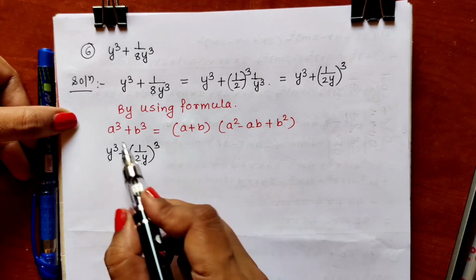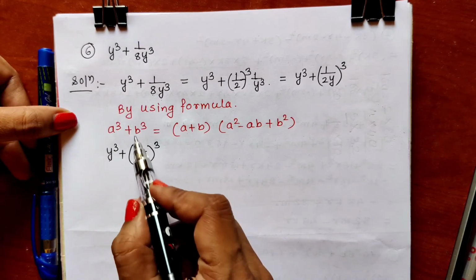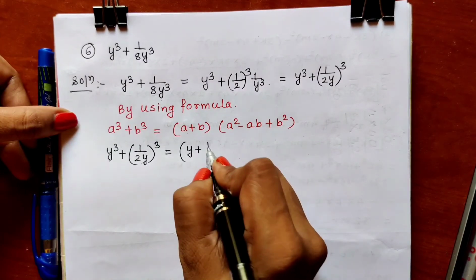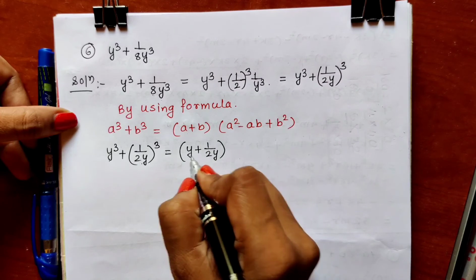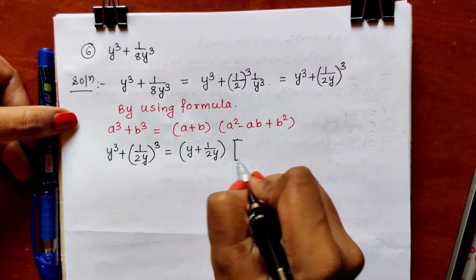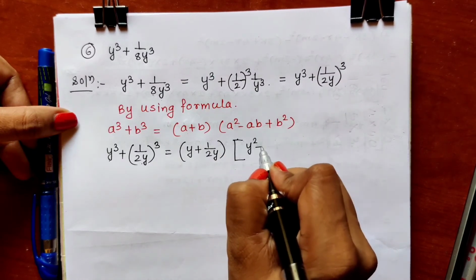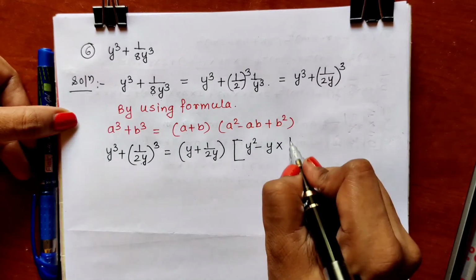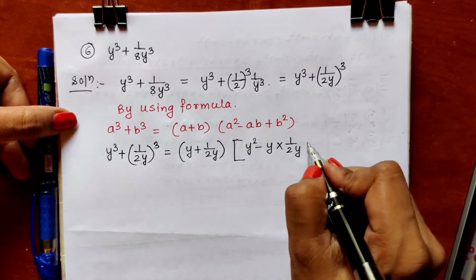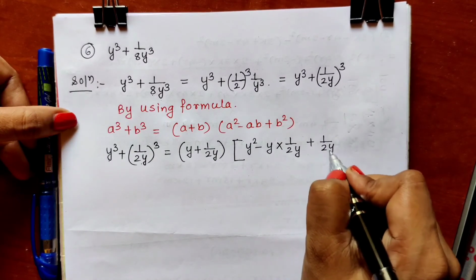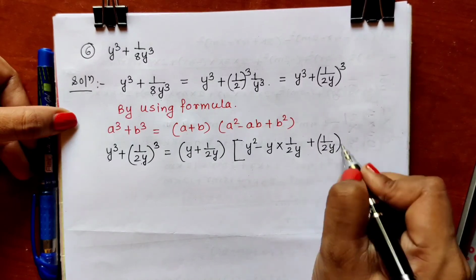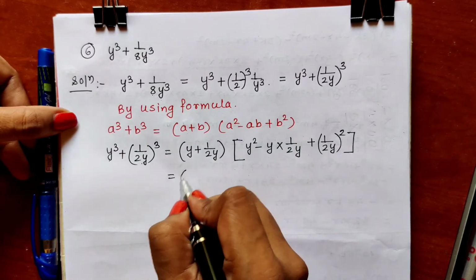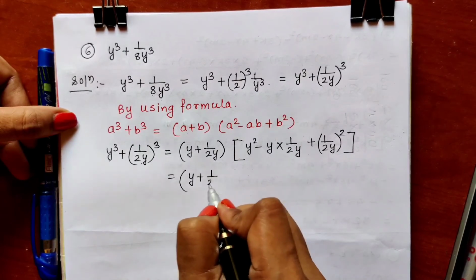In place of a we will be writing y, and in place of b we will be writing 1 upon 2y. So the first bracket is y plus 1 upon 2y. In the second bracket, a square means y square minus a into b means y into 1 upon 2y plus b square means (1 upon 2y) square. Close the bracket. In the first bracket we cannot do anything, we have to write it as it is: y plus 1 upon 2y.